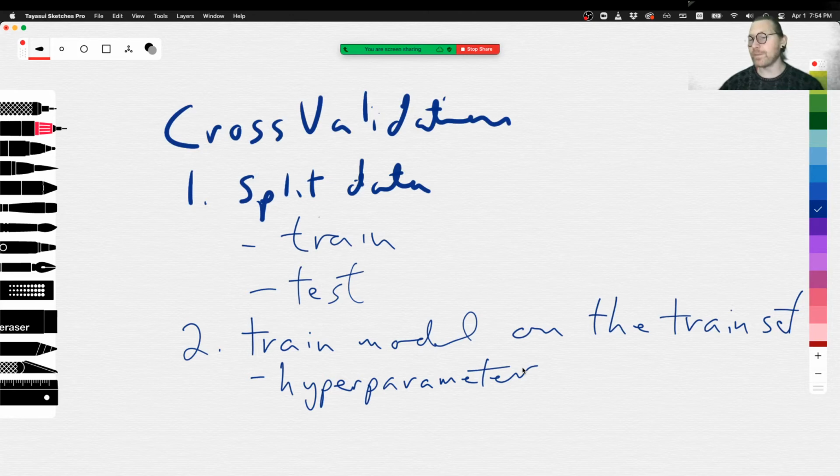So you do that, and then once you train your model on the training set, you validate it by testing the trained model on your test set, to make you predict on the test set. So let's say predict on test. And you get some kind of metric out of that.